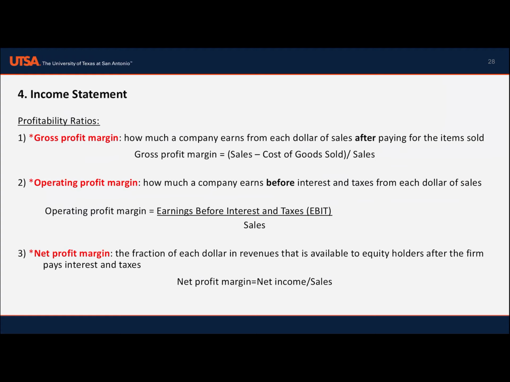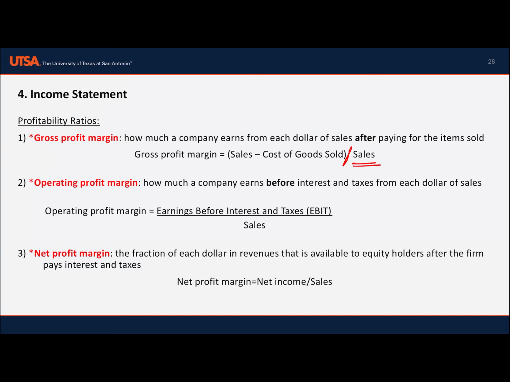So let's look at the profitability ratios. What is gross profit margin? It shows how much a company earns from each dollar of sales after paying for the items sold. How can we calculate it? Gross profit margin is, in the numerator we have sales minus cost of goods sold over sales.